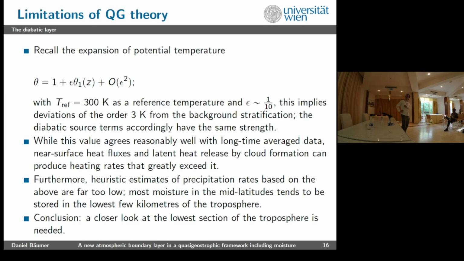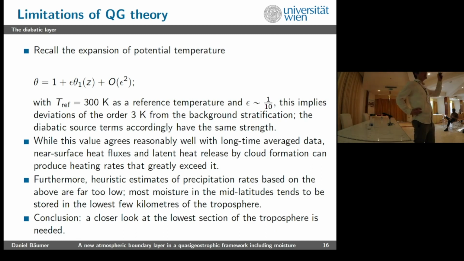Now if we just substitute reasonable physical estimates for those values. Let's say our reference temperature is 300 Kelvin, and epsilon is supposed to be of the order 1/10. Why is that?